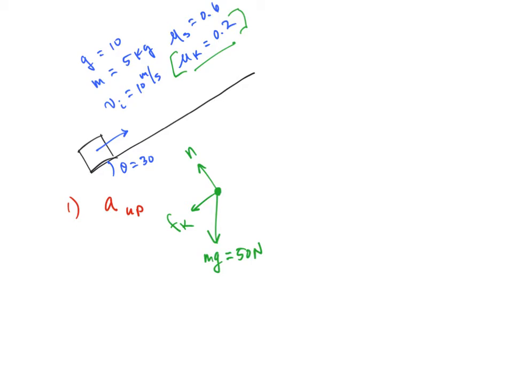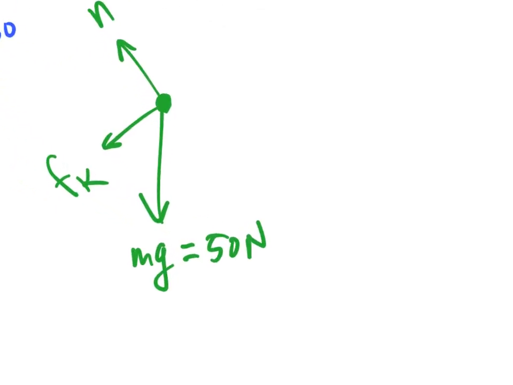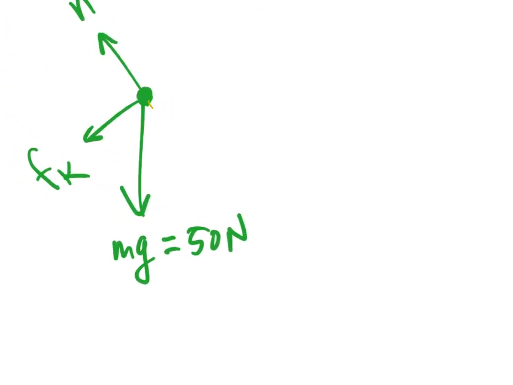Now, if I want to use F net equals ma, I have to go ahead and split mg into components. I have to find the components of mg. I have a component acting this way. We sometimes call that the y component. Then I have what I sometimes call the x component, the component parallel to the ramp. So here are the two components of mg.